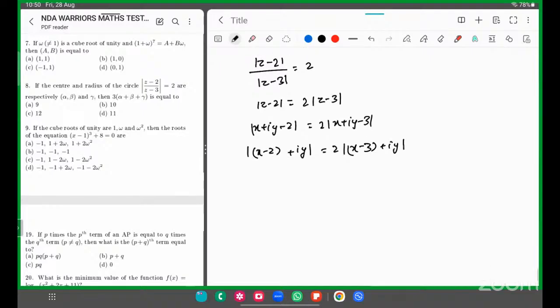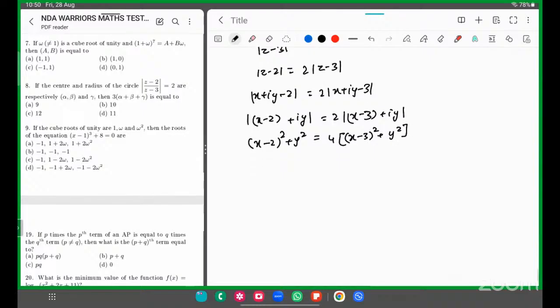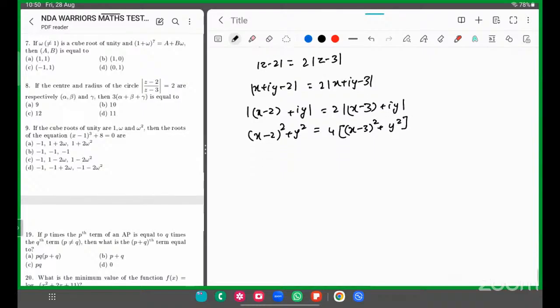Now, since it is a mod value, how do we calculate the mod value for a complex number? Take the real part's square plus the imaginary part's square. 2's square I will take as 4. Then in brackets I will write x minus 3 whole square plus y square. I'm not writing the root because I've cancelled the root from both sides, and I've also taken the square of 2 as 4.